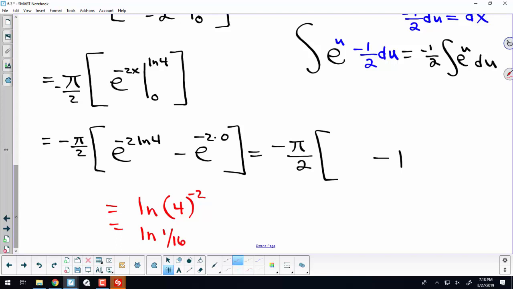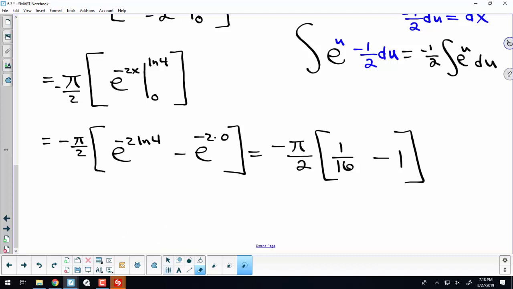But since it's e to the ln of 1/16, it's just 1/16. So maybe your calculator does exact answers. Some people's calculators don't, so depending on your calculator, you might need to remember this stuff too, because a lot of the problems will say write your answer as an exact value. And so we need to keep it exact. We wouldn't want a decimal approximation for this.